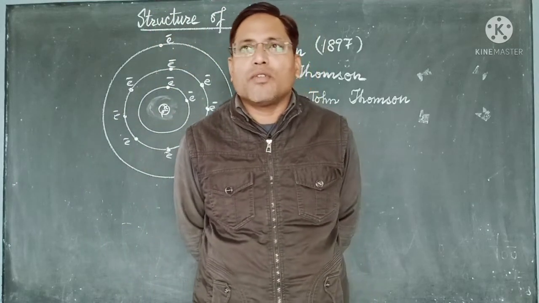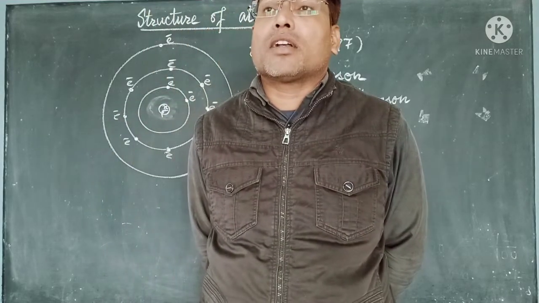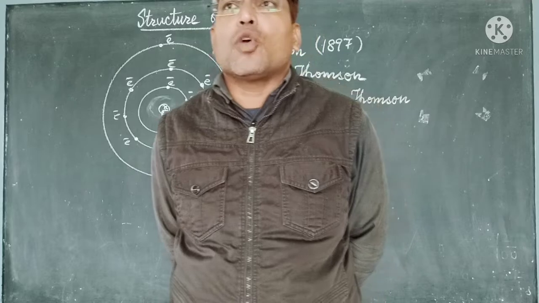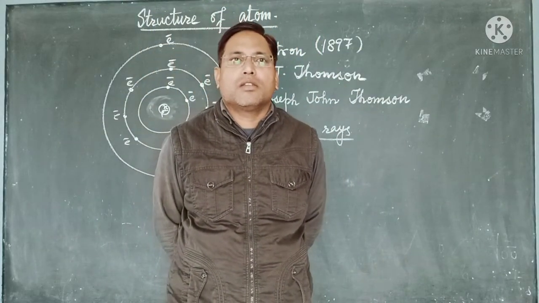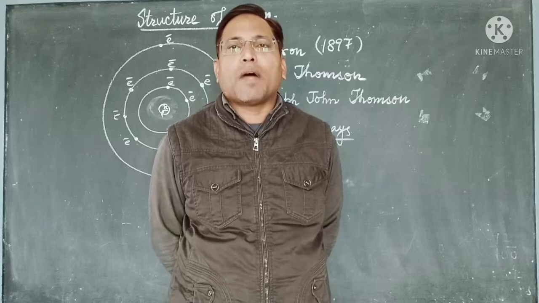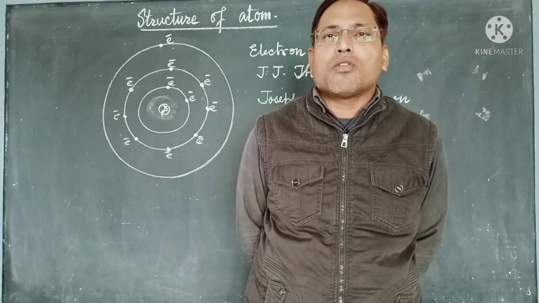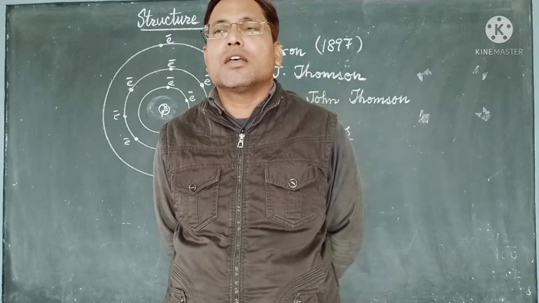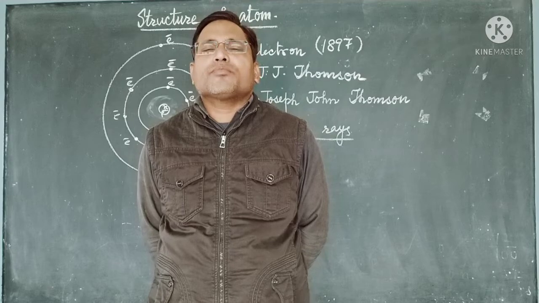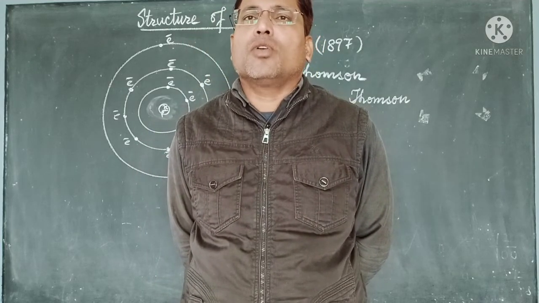What we have to study in our syllabus is what electrons are. So electrons are negatively charged particles. They are subatomic particles. They are negatively charged and they revolve around the nucleus in an atom. They are found in different shells, and all the elements have electrons in them.